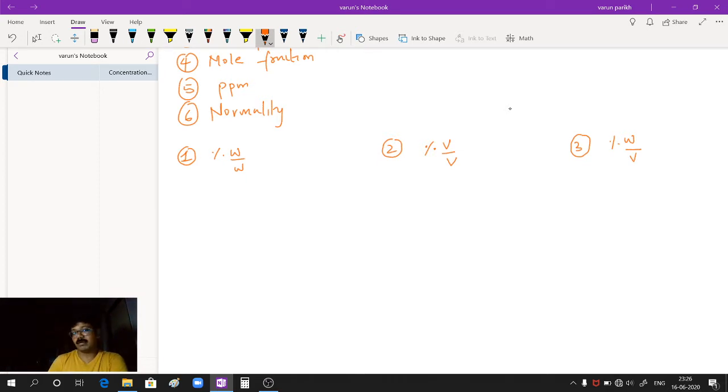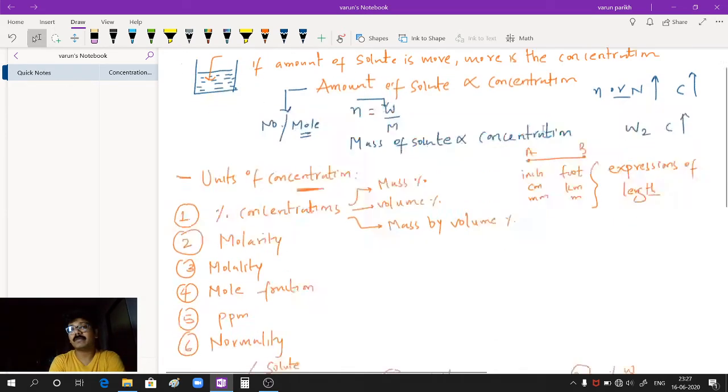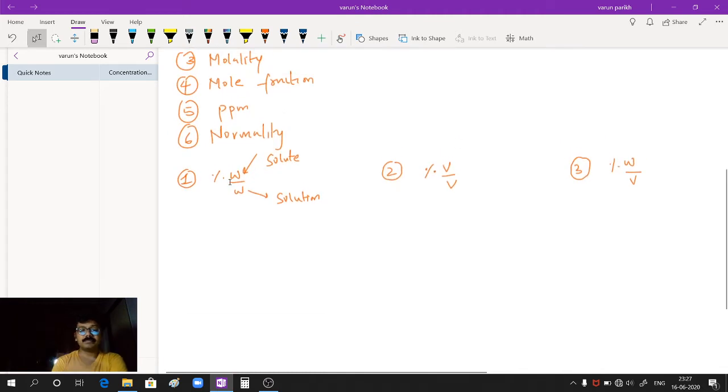In all of them, remember one thing: the numerator is always of solute and the denominator is always of solution. That's the basic definition of concentration: the amount of solute dissolved per given amount of solution. So for W by W, this represents the mass of solute and this the mass of solution.